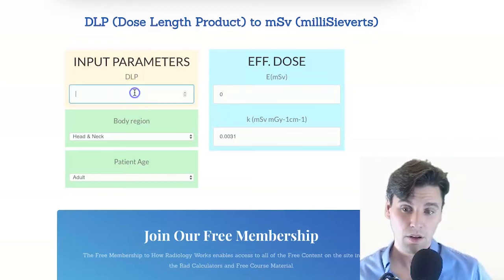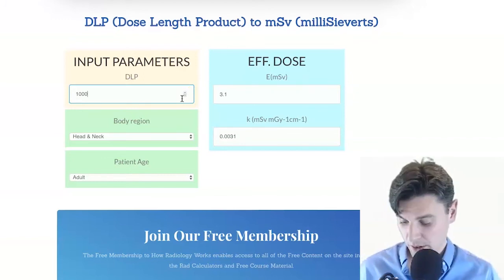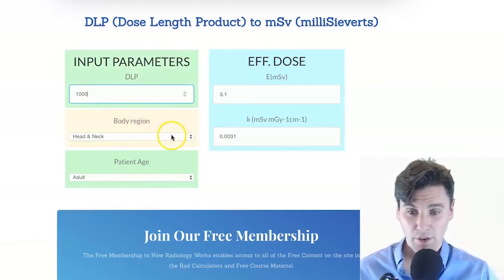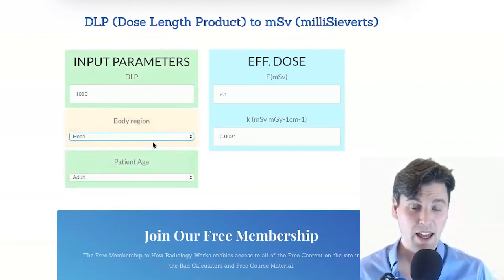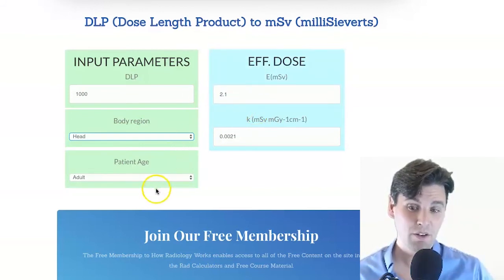So if we have 50 times 20, we're talking about 1,000. And if we say we're talking about just the head, then the effective dose of that head scan is 2 millisieverts for an adult, if that's an adult scan.